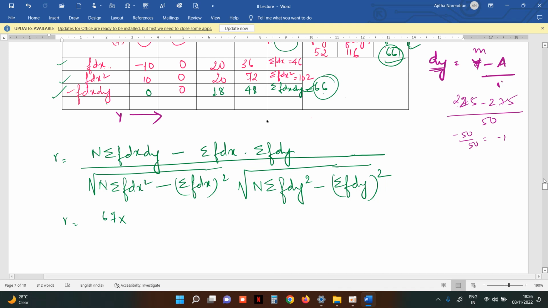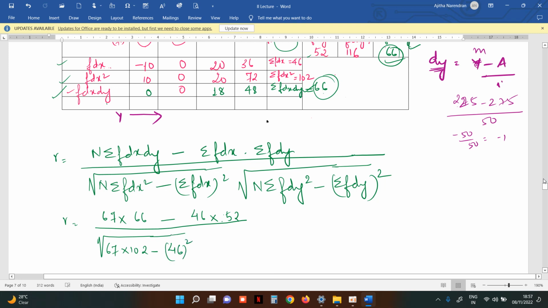F dx dy is 66 minus f dx is 46 into f dy is 52, divided by root over n is 67, f dx square is 102 minus f dx is 46 whole square.